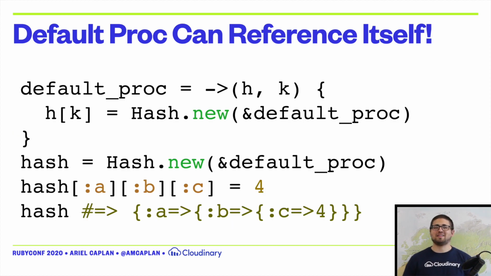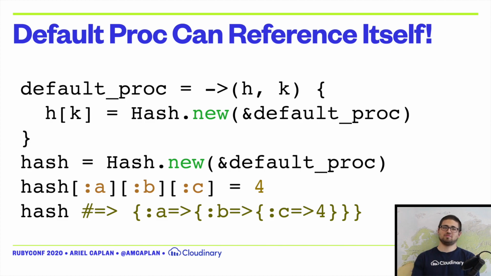One really cool tip I picked up from Optigrim is that default proc can reference itself. So if you set your default proc to a local variable, you can have the default proc itself reference that variable, and have this arbitrarily nested hash structure. So in this case, again, default proc equals, right? Ultimately, we're saying that we're lazily setting this key value pair to have the value of a new hash with the same default proc.